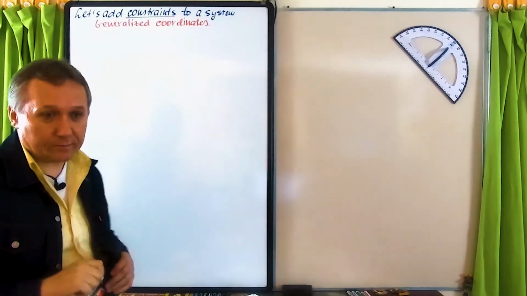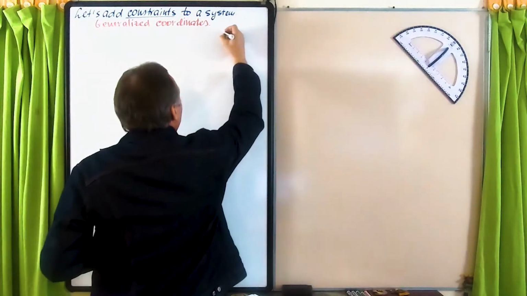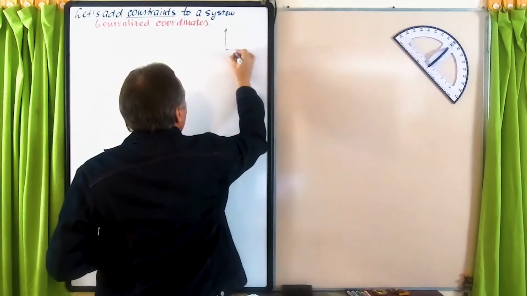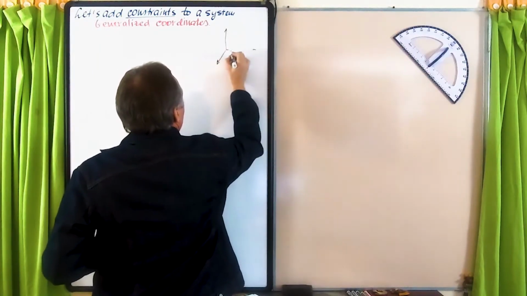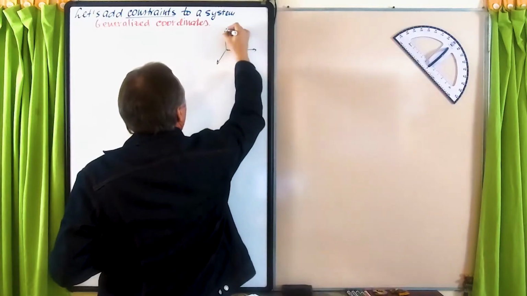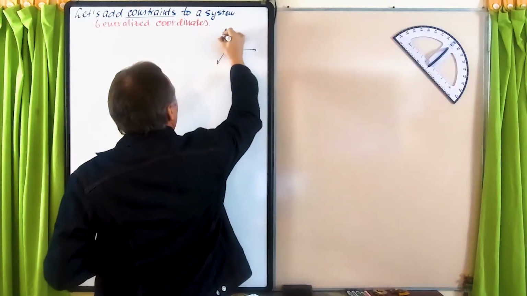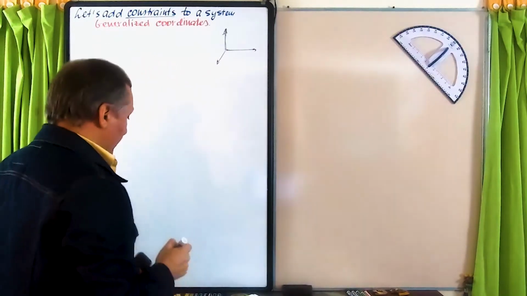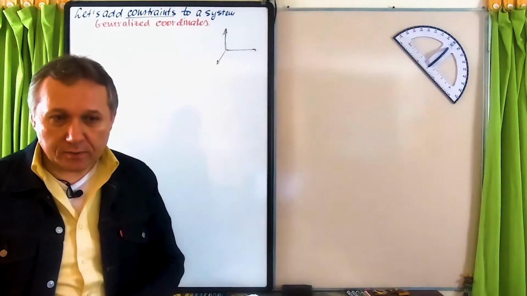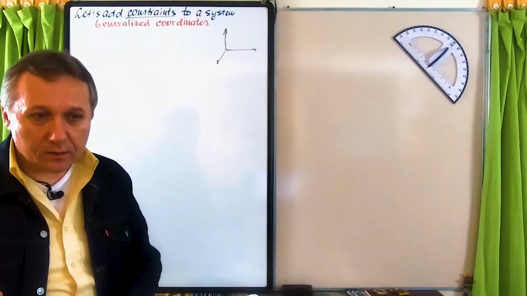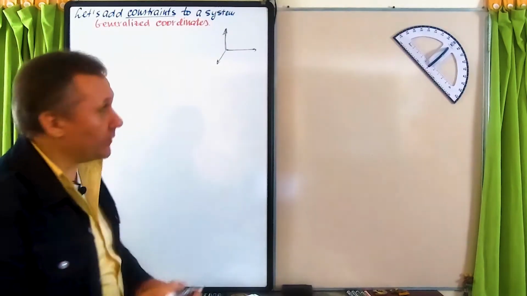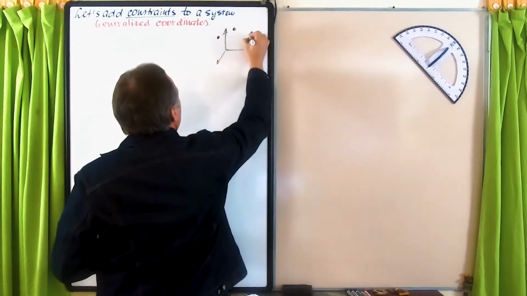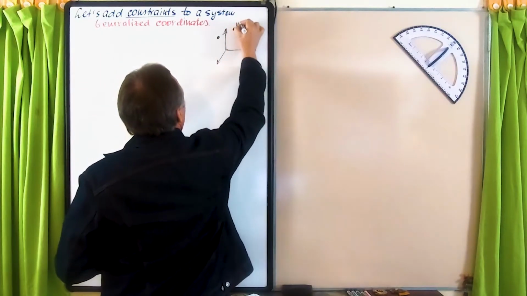So what is that? Let's assume that we have some completely arbitrary system. Oops, I just picked a new marker and it takes a little bit of time to make it work. So a system consisting of n point masses, n particles, right? So let's say we have these masses.